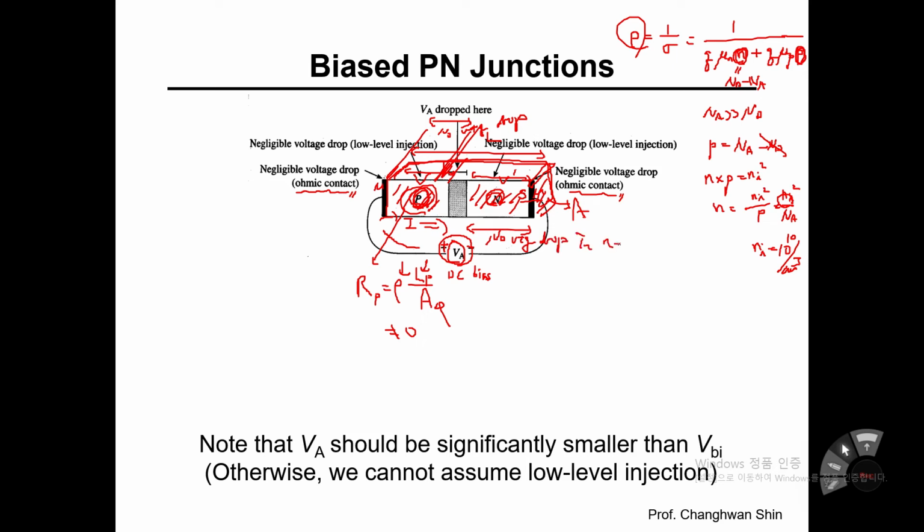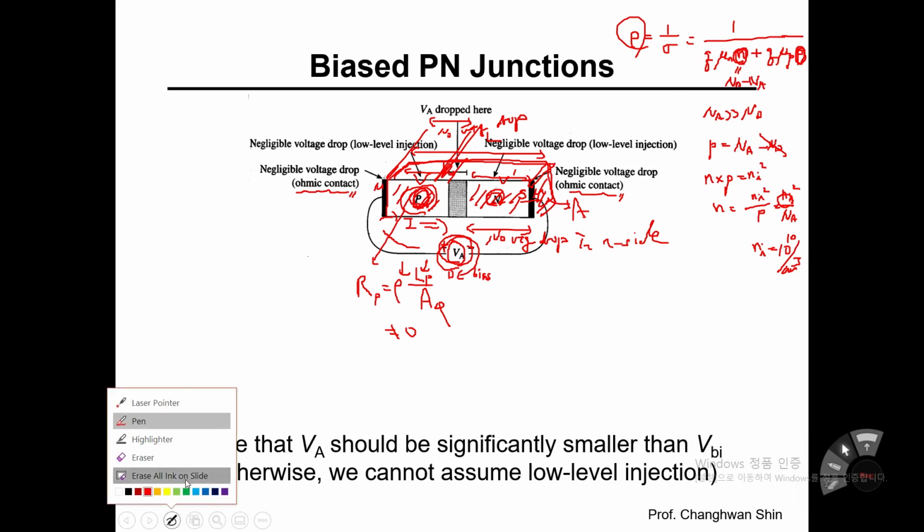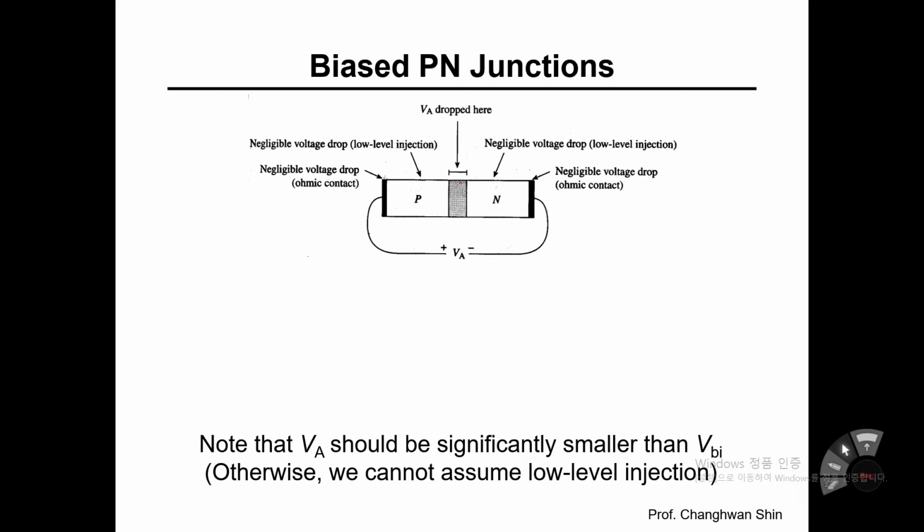Then the question is which region in the PN junction diode can have the whole amount of voltage obtained from the DC voltage source. Let me erase all the notes to clearly show you which region would have all the applied voltage dropped across it.